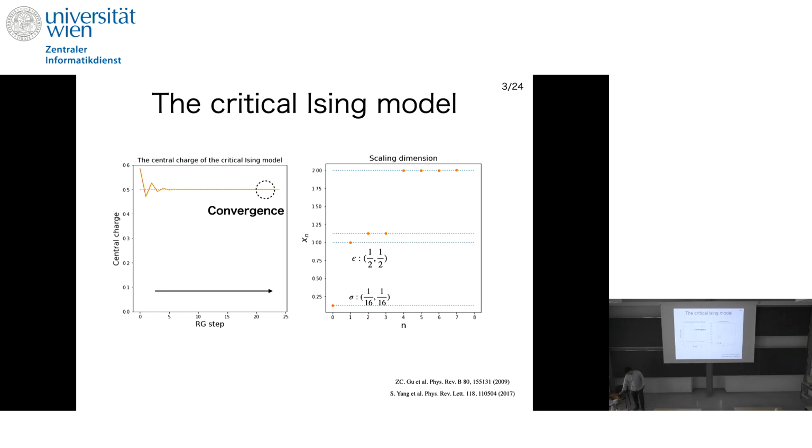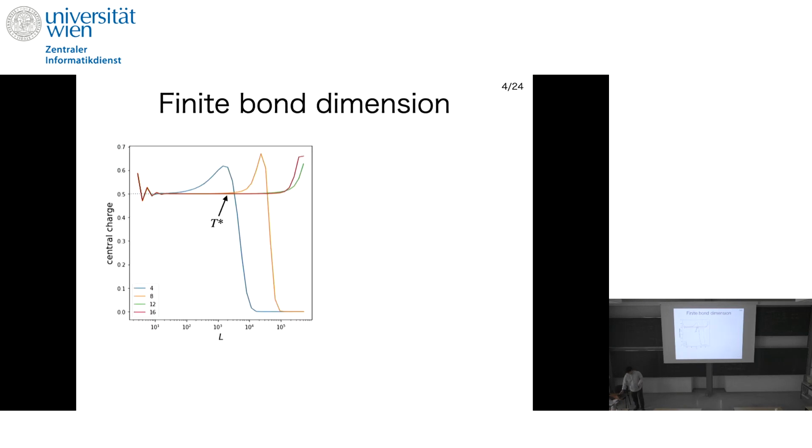But okay, this is a great story. But when I did it myself, I believed it was a fixed point tensor, but when you renormalize again and again, it's not truly converging.